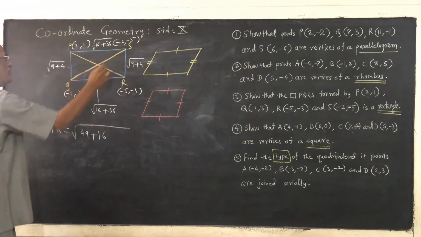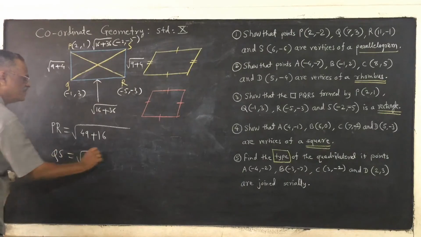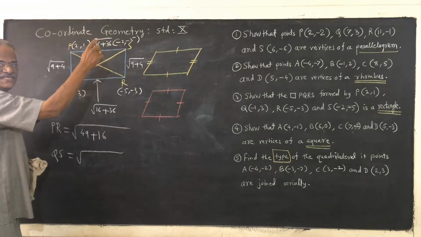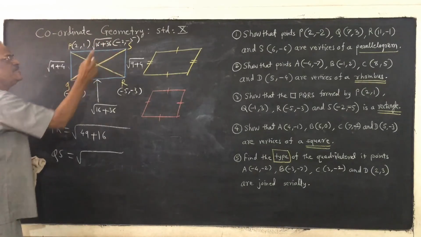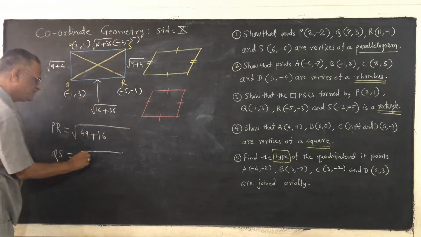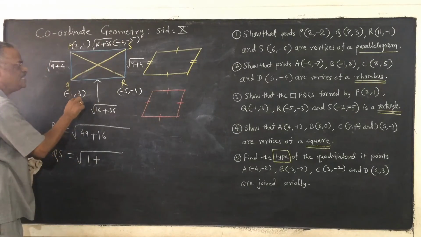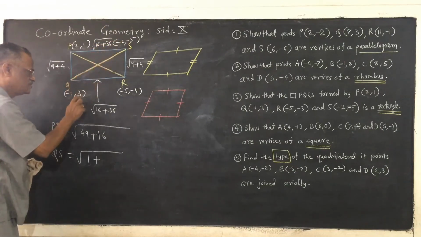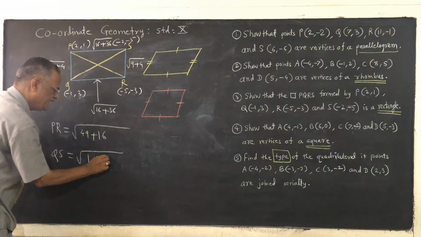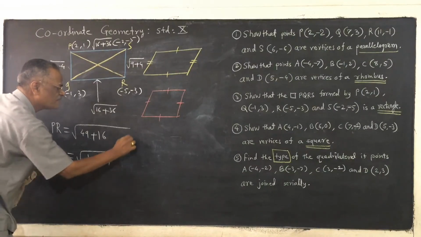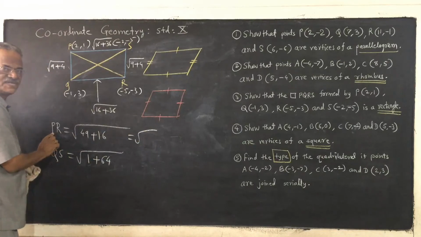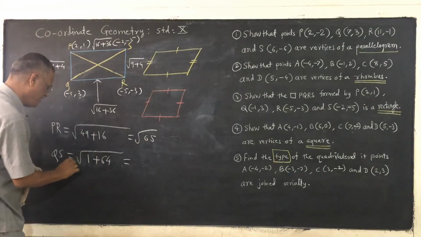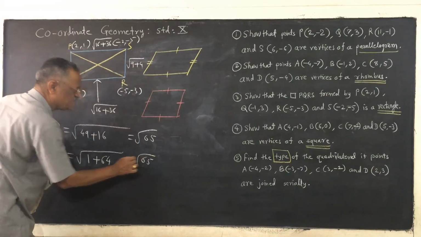Then you calculate QS. -1 minus 2... it is definitely plus, -1 minus -2 is plus 1, and plus 1 square is 1, plus 3 minus -5, it will become plus, so 3 plus 5 is 8, and that is 64. What is the value of the first diagonal PR? You can see that it is root 65, and QS you are getting root 65.